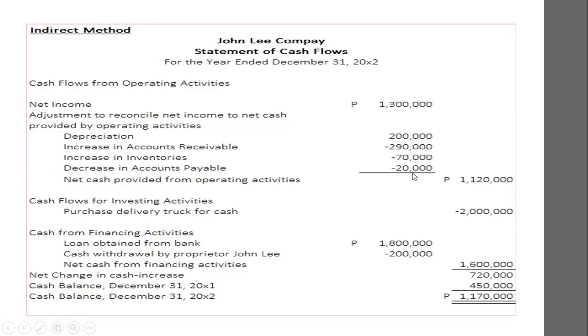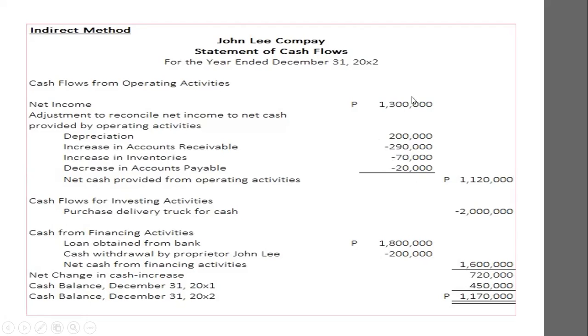Okay? So computein lang natin to. 1,300,000 plus 200,000, so 1,500. Para mas madali po, ang advice ko sa inyo, lahat tong negative sign. Negative 290 plus 70, negative 70. So, yung 20,000. Sa integers, yung mga like sign, add nyo lang.